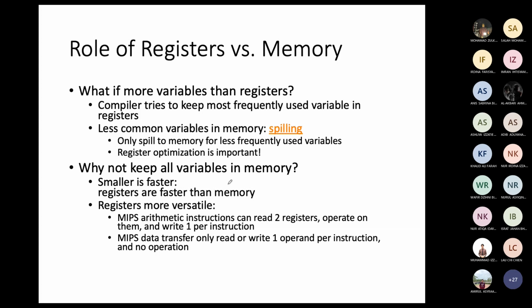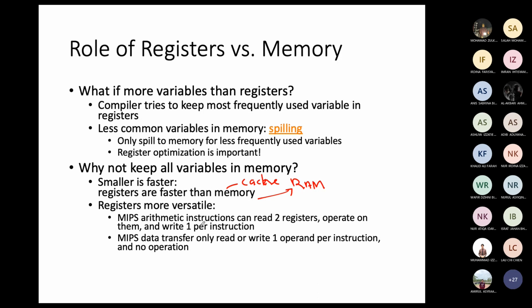In this case, memory refers to cache and subsequently RAM. Basically they are referring to the RAM itself, but later on you will know that the data is actually stored in the cache.